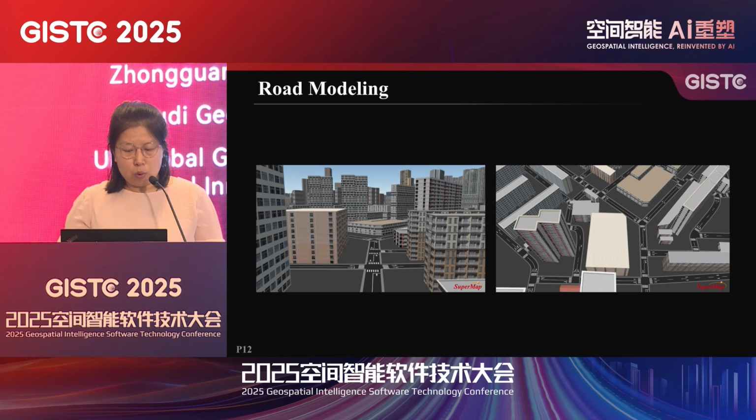We offer a wide variety of road styles and types, including intersections like cross and T junctions, and the platform also supports sidewalks, zebra crossings, various directional areas, and traffic markings that vary according to the road classification.